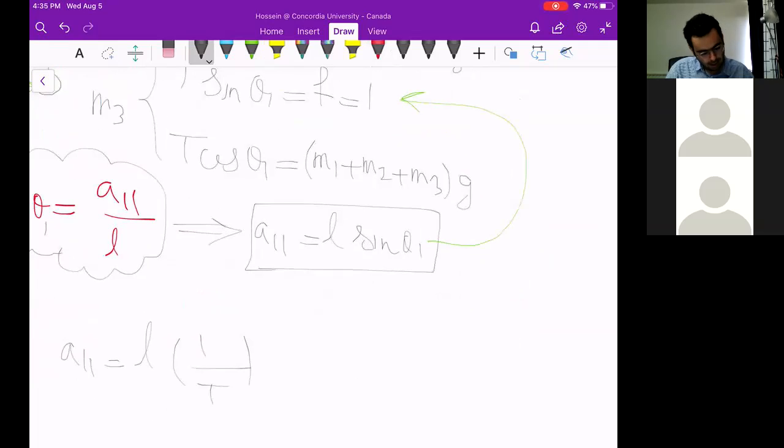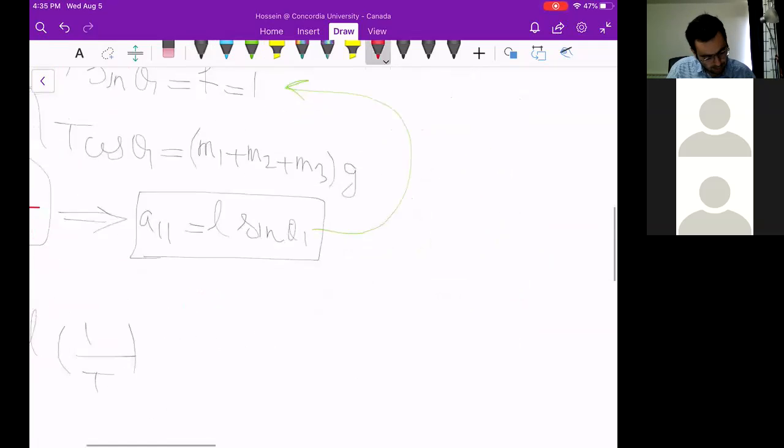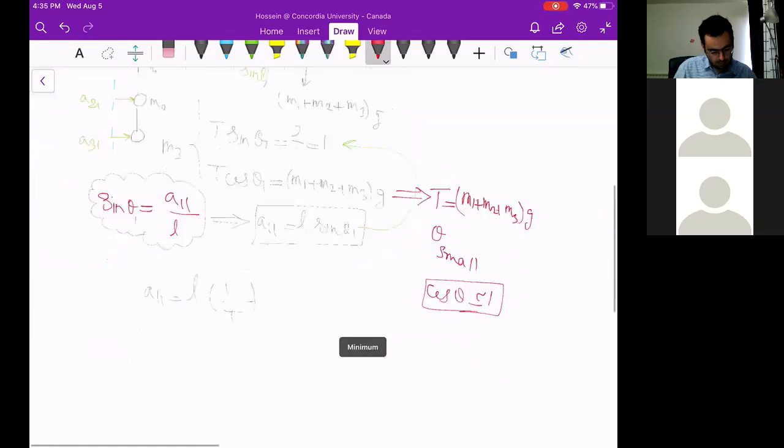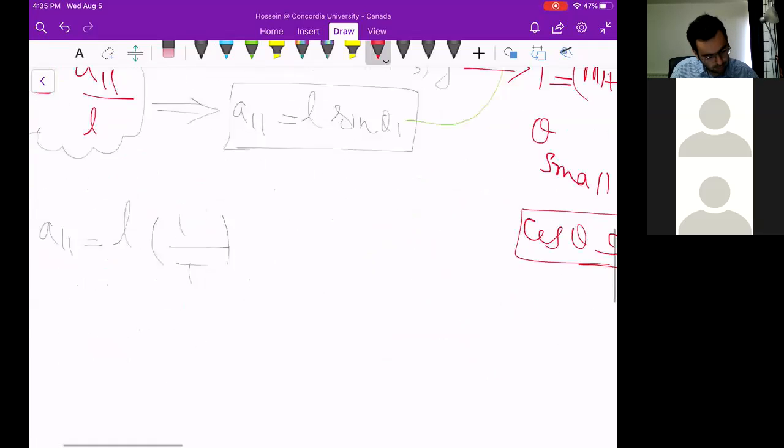T can be easily obtained from this equation. So T is M1 plus M2 plus M3 times g. Why? Because theta is very small, cosine theta is approximately 1.